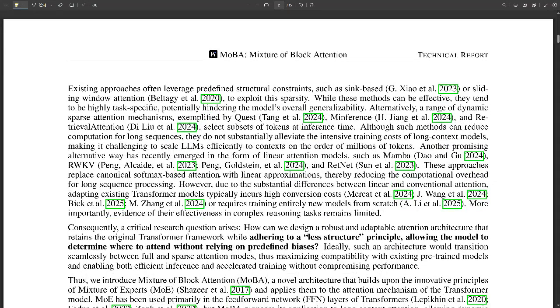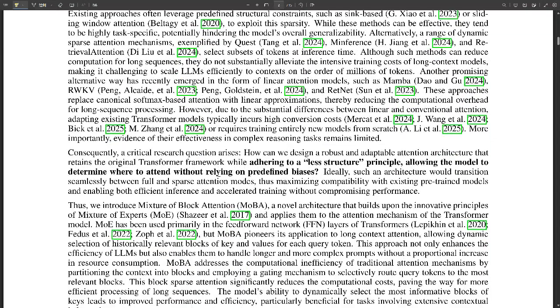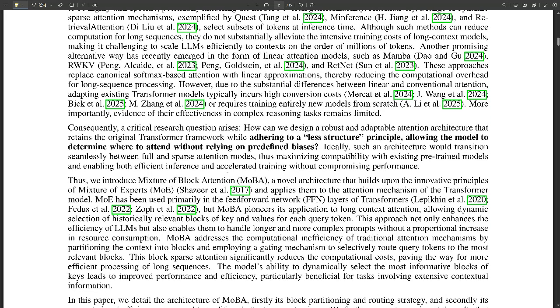Okay, so how does MoBA tackle this computational bottleneck? It borrows a concept from a seemingly unrelated field, actually. Okay. It draws inspiration from the mixture of experts principle. It's typically used for model parallelization. Right. Imagine splitting a massive text into smaller chunks, or blocks.